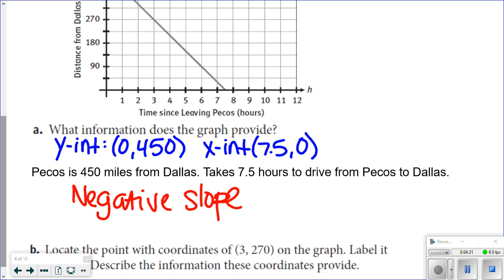Well, this makes sense because as Travis is driving, he's getting closer to Dallas. So the distance from Dallas is decreasing, while the time since leaving Pecos is increasing. So we have a negative slope because we're getting closer and closer to our final destination.